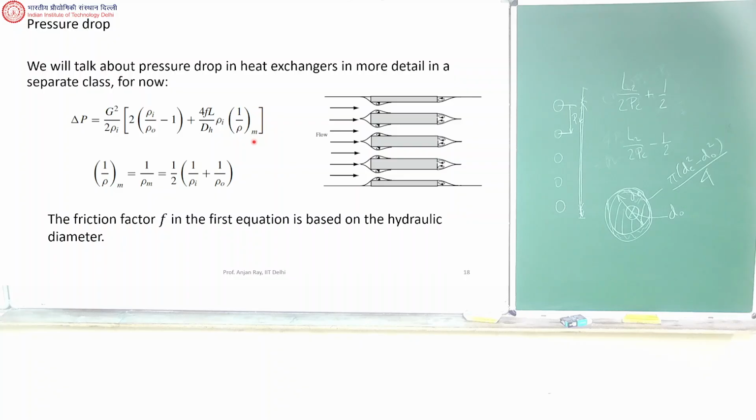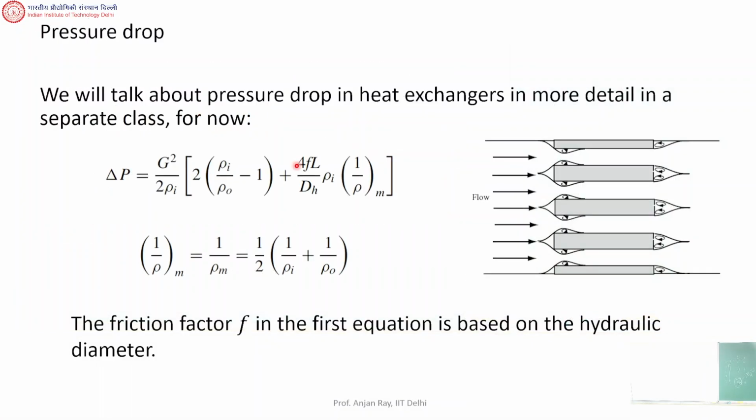This pressure drop obviously has the friction factor. For friction factor, we have seen the correlation. There's a 1 over rho m which is used here, and 1 over rho m is half of 1 over rho I plus 1 over rho O. There is inlet and outlet.